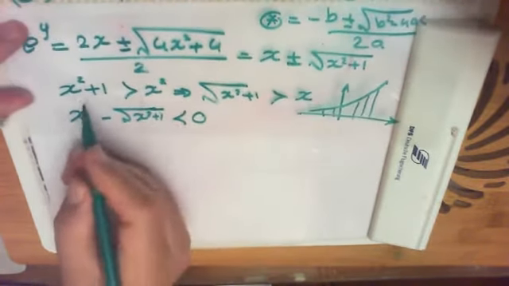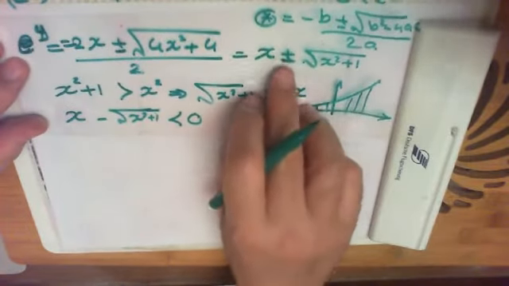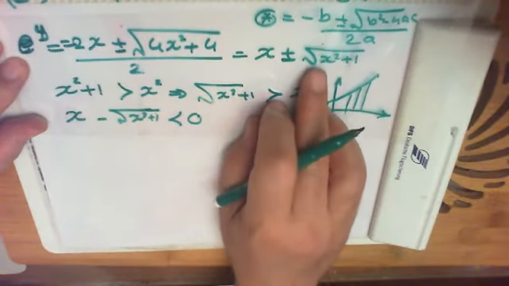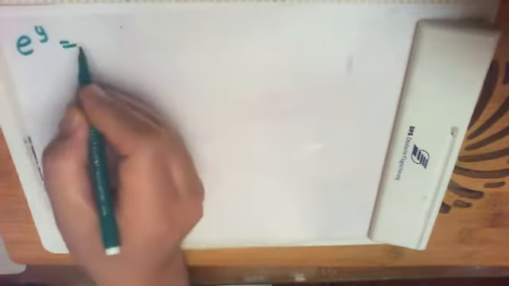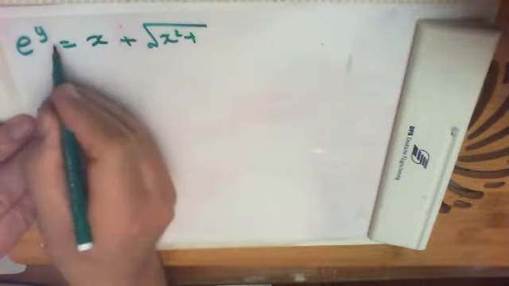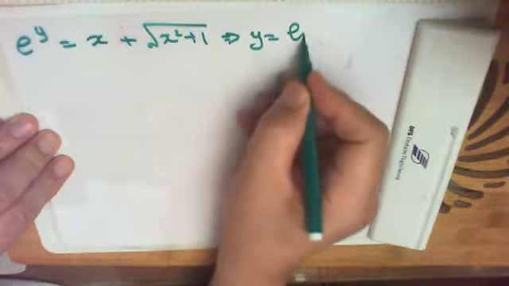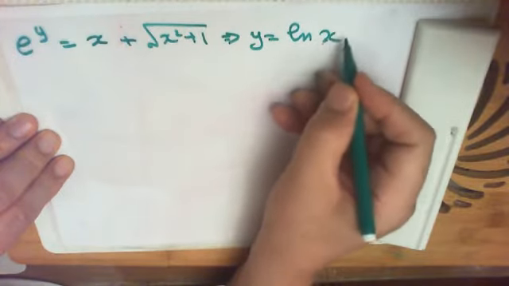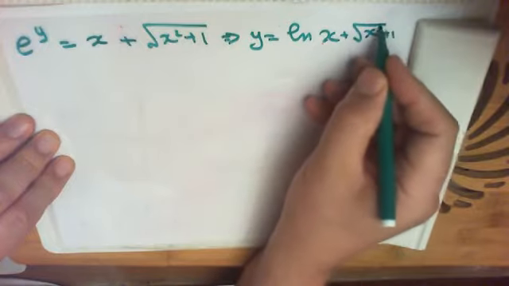We accept e to y equals x plus the square root of x squared plus 1. This is e to y, hence y equals ln of x plus root of x squared plus 1.